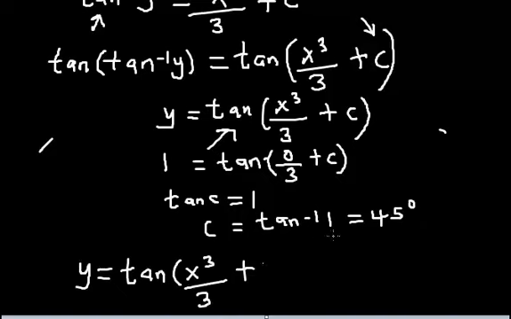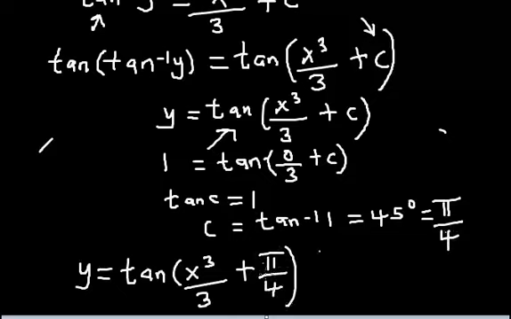I could actually write that in radians. Let's write it in radians. Remember, 180 degrees is pi radians, 90 is pi all over 2, so 45 is pi all over 4. I hope I'm not mistaken. Yeah, pi all over 4.